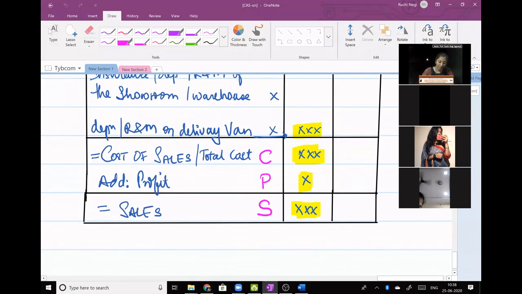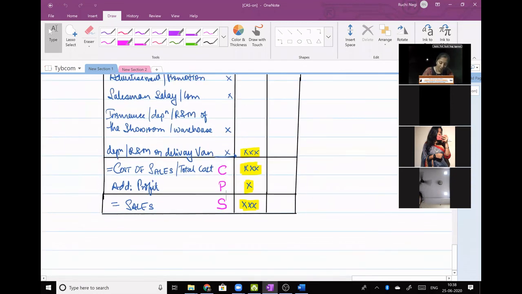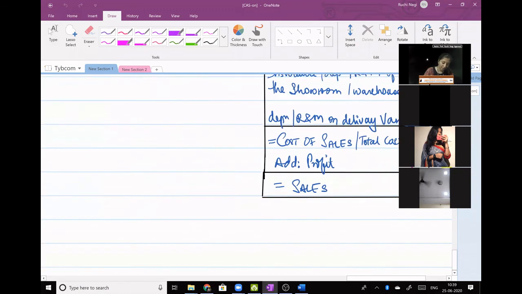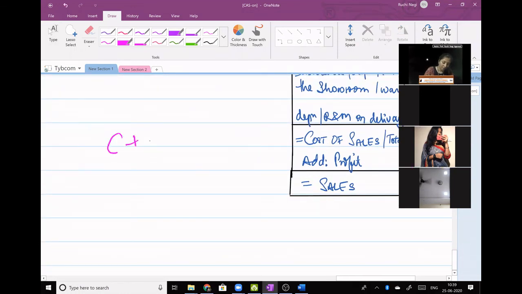Am I clear till here? Any doubts? Kindly acknowledge it in the chat box if you have a doubt. I'm going slow with the format so that you can understand the sums. Whatever we had studied: C plus P is equal to S. Then total cost is divided as direct cost and indirect cost.